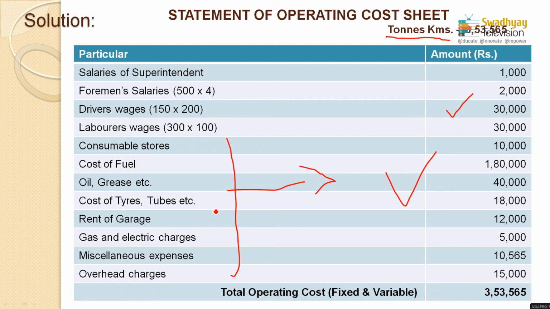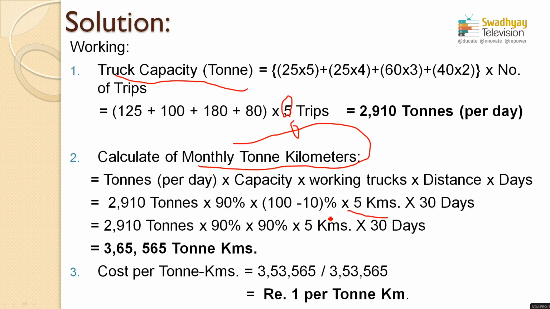So after that, when you are going to find out the total expenditures, your total expenditure here is 3,53,565, and after that you can find out the cost per ton kilometer, that is 3,53,565 divided by 3,53,565. It shows your answer is rupee 1 per ton kilometer.